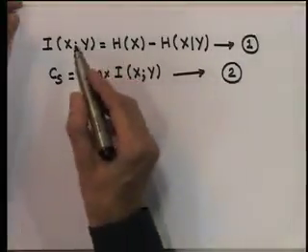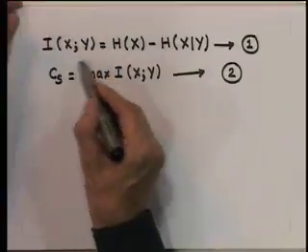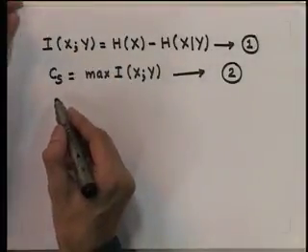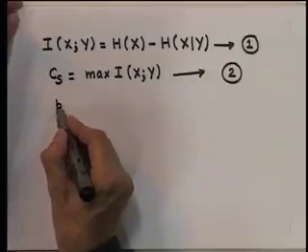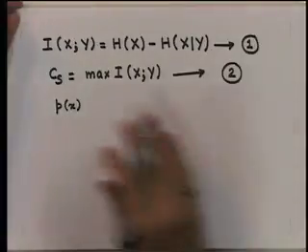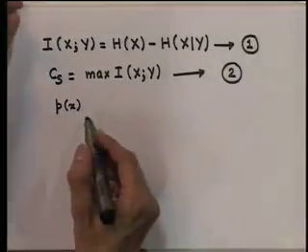For a given channel, the mutual information is a function of the input probability density P(x) alone. This can be shown as follows.